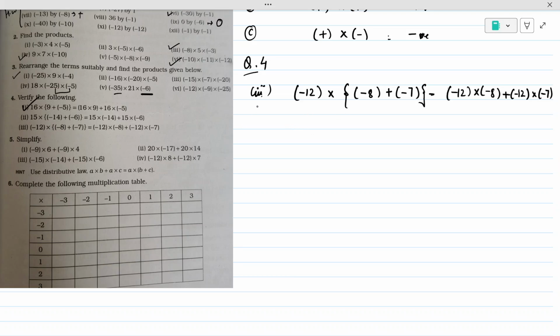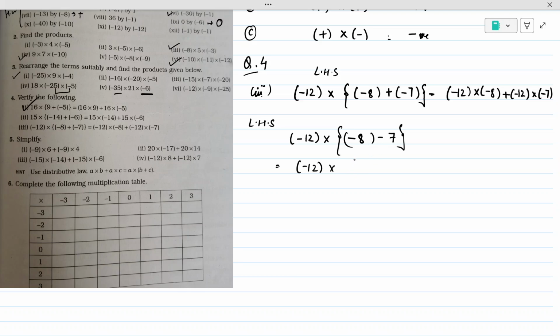Let's try to first solve the LHS. So I am solving the LHS here. Minus 12 as is we can write. Now inside the bracket we have minus 8, right? And then plus into minus is minus. So minus 8 minus 7. Outside it is minus 12 as is again.